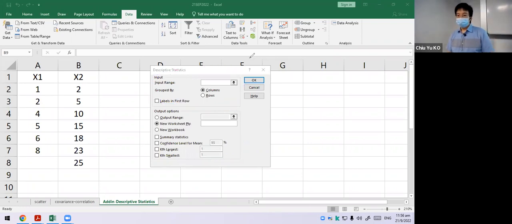Okay, so in our case, our data are grouped in terms of column, not in terms of row, right? Your data is stored in column form, which is convenient when you have long data, right?